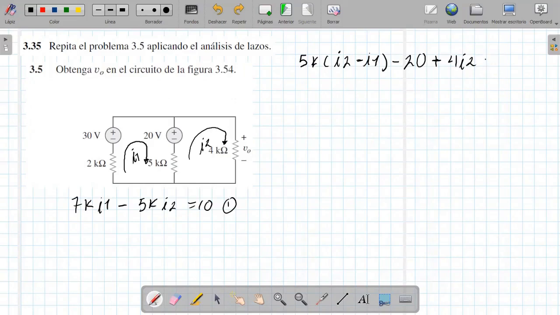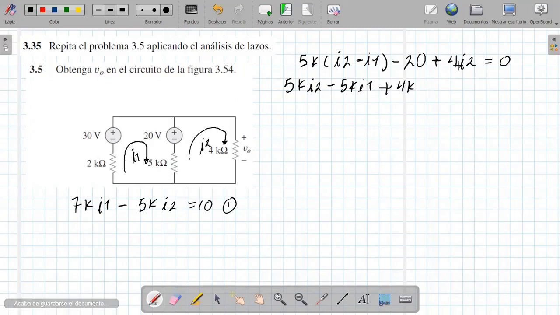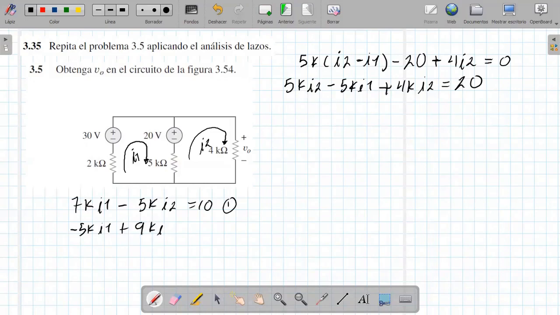Let's take it into account equal to 0, and algebra: 5K the I2 minus 5K of the I1 plus 4K the I2 equal to 20, so it would be minus 5K of the I1, and of the I2 I have 5 plus 4, 9K of the I2 equals 20. I have my equation 2.